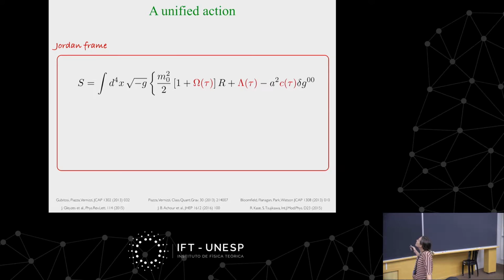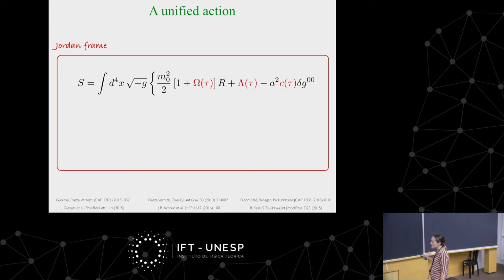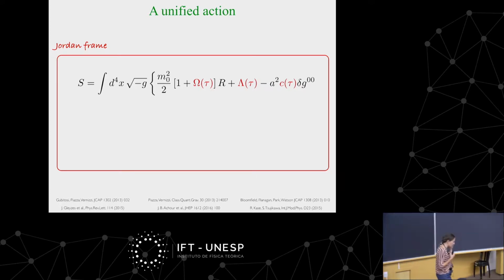What am I doing here? I'll explain it a bit more in the next slide: giving a kinetic term to this scalar degree of freedom. I'm just writing it in a bit of a cumbersome way that will be clearer with the next slide, where I show a sort of mapping for this language. But the idea is that I'm not really introducing explicitly here a scalar field. I have absorbed it in the metric, something similar to what you might have seen in quantum field theory.